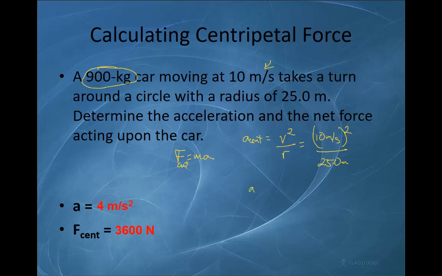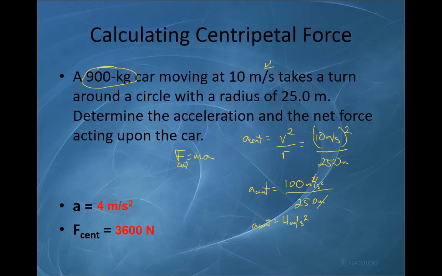So a centripetal is equal to 100 meters squared per second squared, because we did our squaring, over 25.0 meters. One of the meters cancels. 100 divided by 25, a centripetal is equal to 4 meters per second squared. Our units are correct, matches our answer from over here.